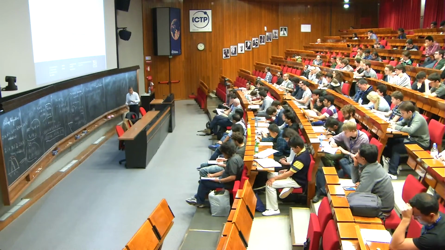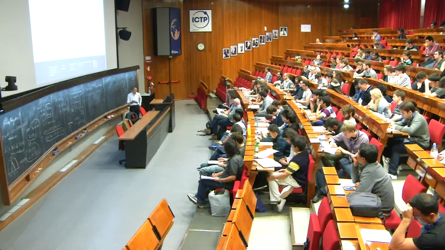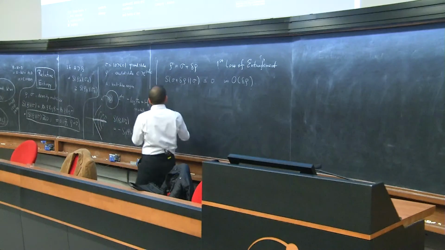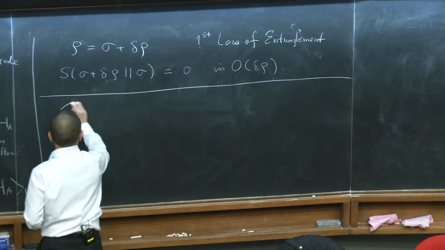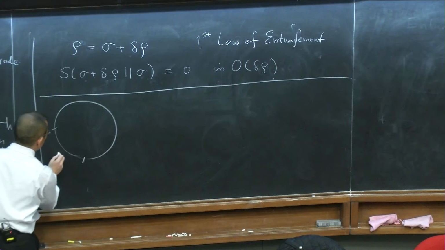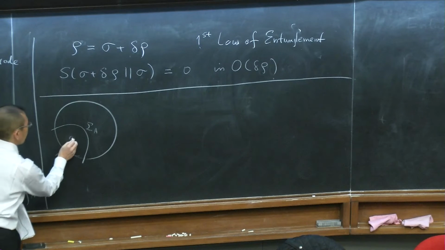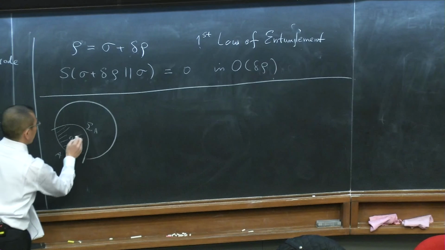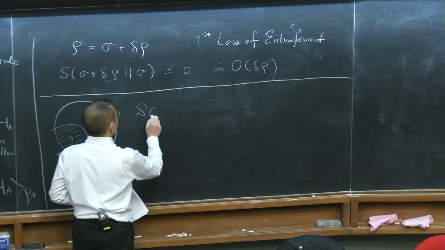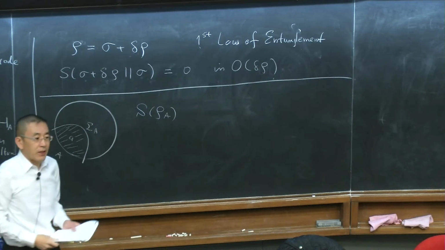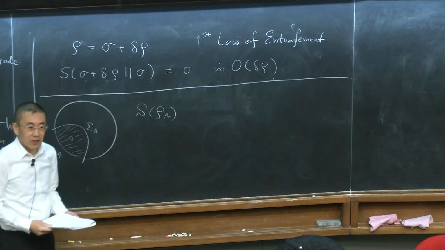Okay, so now let me try to explain why this is related to the entanglement wedge reconstruction concept. First of all, again consider this situation where you have this region A, the Ryu-Takayanagi surface associated to A, and then this bulk region, which I denote by small a. Suppose rho is some state in the causal subspace, and consider the entanglement density matrix associated to that.